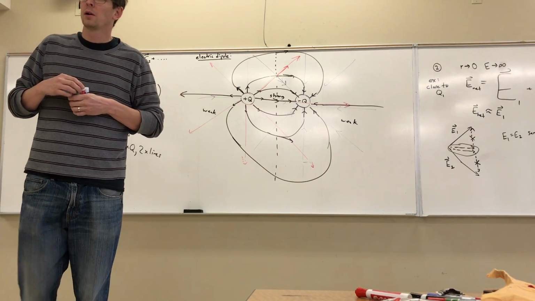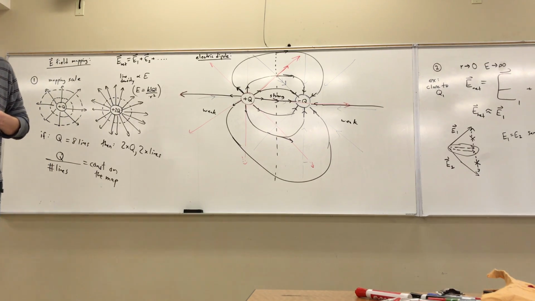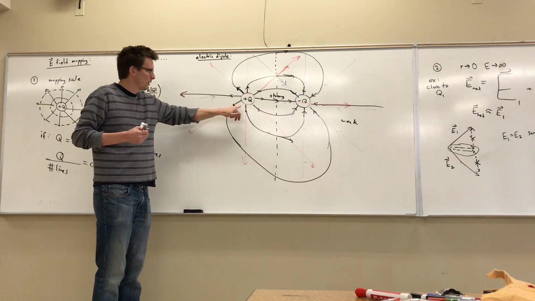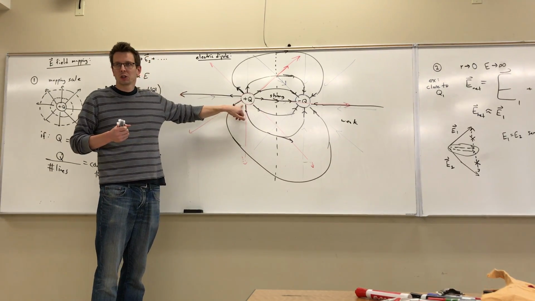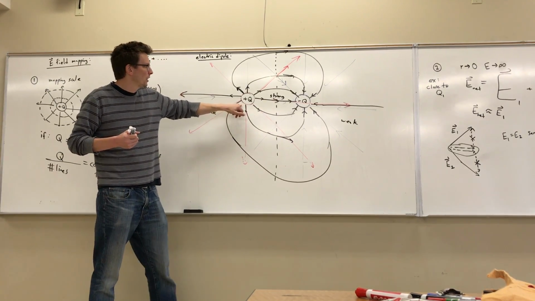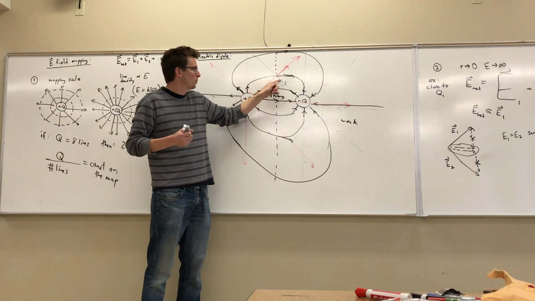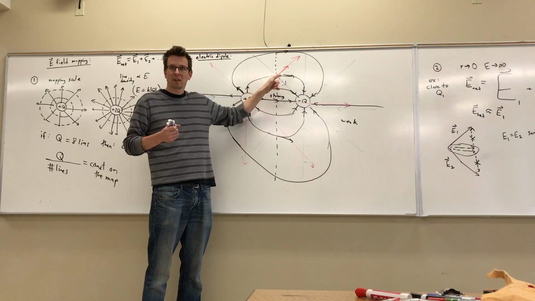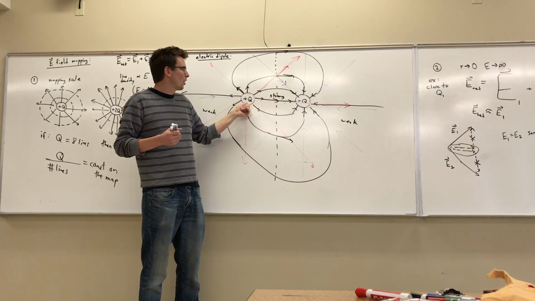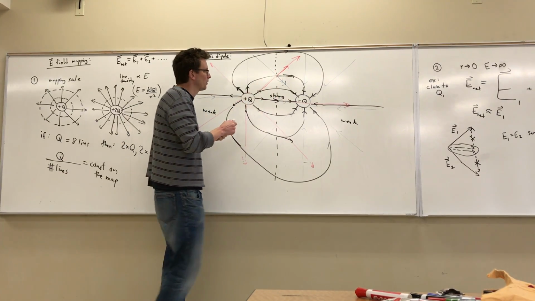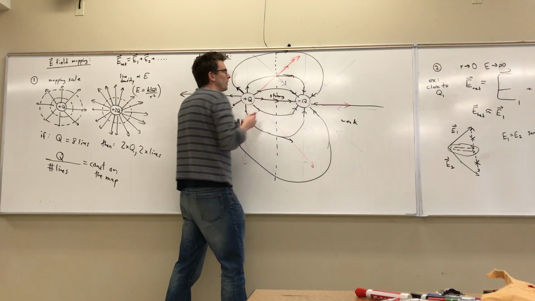Yeah. So if they're not equal to each other, then those horizontal lines would wrap back around. Well, so for example, if this were a larger charge, then you could not safely say on the perpendicular bisector that these two contributions were equal in size, right? Let's say if this was larger, this arrow would be bigger, right? It'd be something like that.